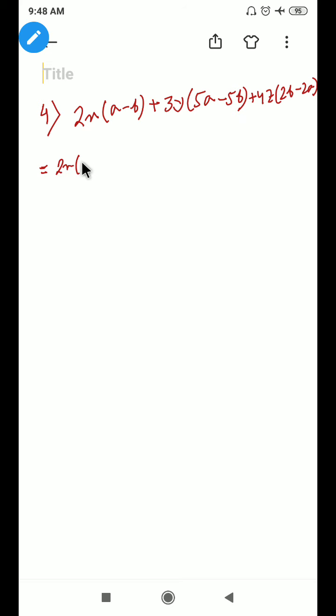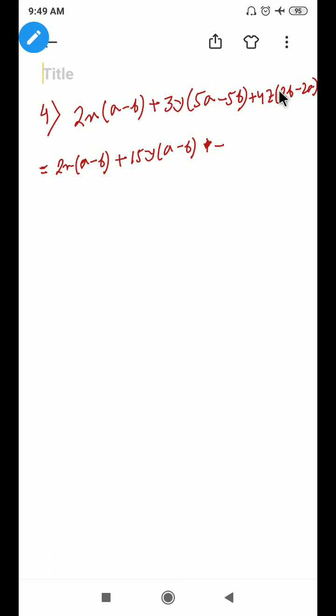Now you can write this as 2x into a minus b, and from here you can take common 5, so 5 threes are 15, 15y into a minus b, and from here you can take common 2. Actually you have to take common minus 2 from here, because here is a minus b and here is also a minus b. If you take only 2 common, you will get b minus a, but you have to make a minus b, that's why you have to take common minus 2.